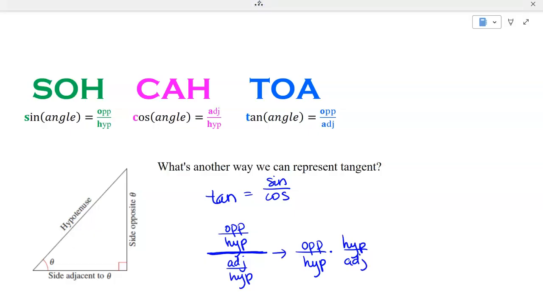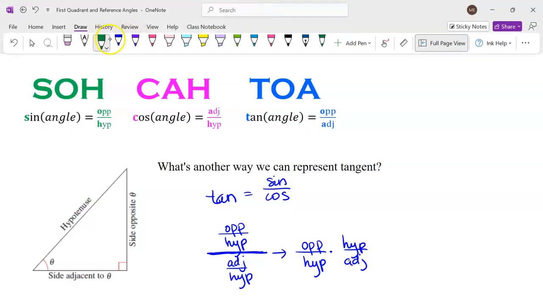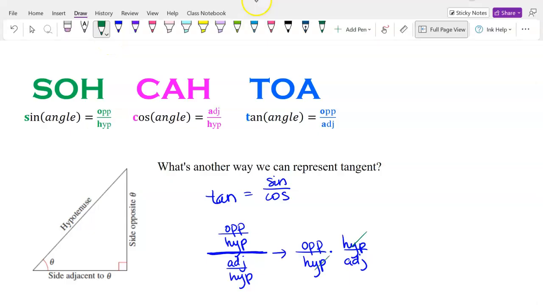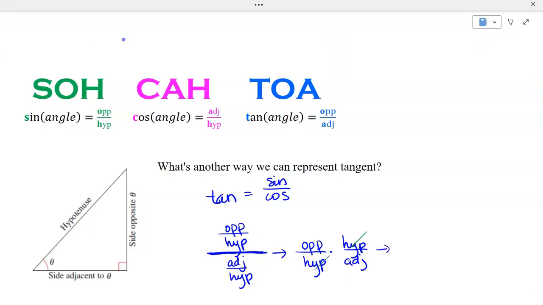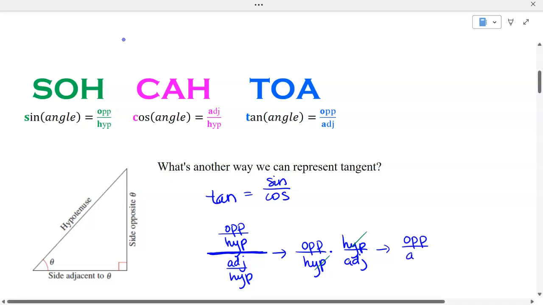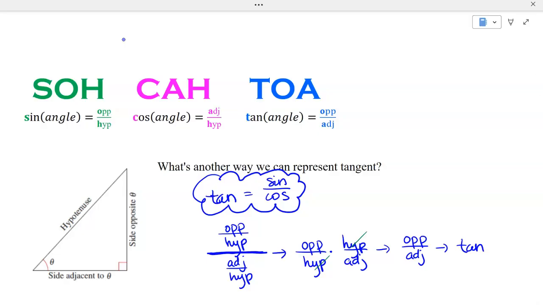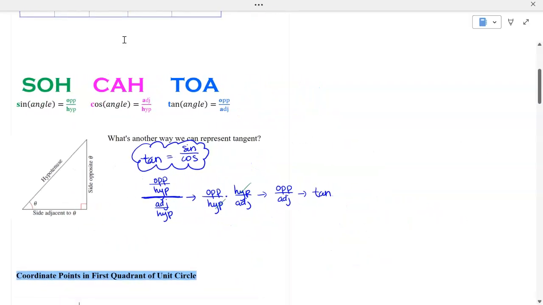And when we do this, our hypotenuse ends up reducing out, and so you're just left with opposite over adjacent. And we know opposite over adjacent is just going to be the tangent. So this is another way of looking at the tangent. If you know the sine and cosine, you can figure out what the tangent is. And if you know sine, cosine, and tangent, you can figure out all of your reciprocal identities that we've learned earlier.